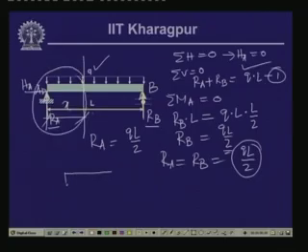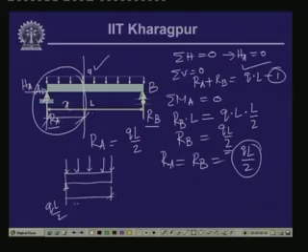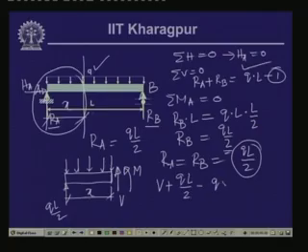We have the beam with the reactive force QL by 2, the distributed load over this segment, the distance x, and on this side the stress resultants shear V and bending moment M. Taking the vertical equilibrium of all the vertical forces, we have V plus QL by 2 minus Q times x equals 0. So, V equals Qx minus QL by 2.